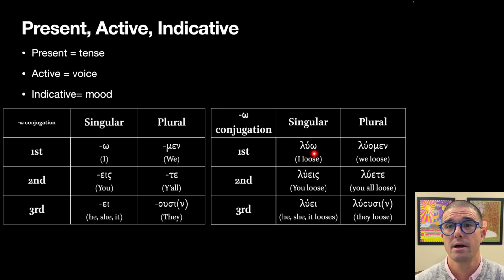This omega of the suffix is added directly to the stem in the case of these three, the first, second, and third singular, and the third plural, whereas in the first and second plural, you see that connecting vowel added. In the case of the first plural, it's an omicron. In the case of the second plural, it is an epsilon.